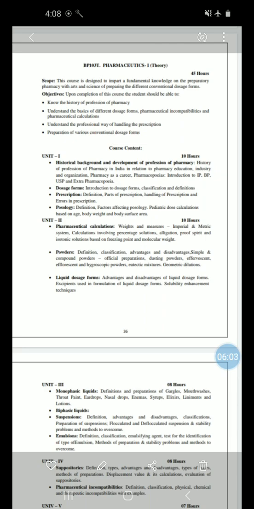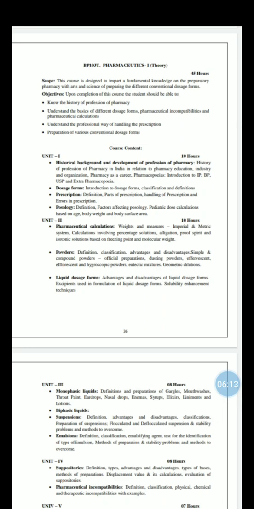It means, when you learn the pharmaceutics 1 subject, what things will you understand? First, that is the history of the profession of pharmacy. Then second, understand the basics of different dosage forms. For example, tablet, capsule, then syrup, emulsion, suspension. Then pharmaceutical incompatibilities and the various pharmaceutical calculations.